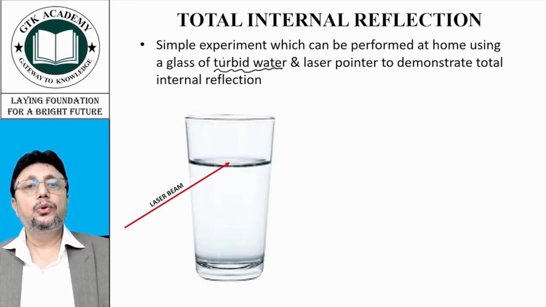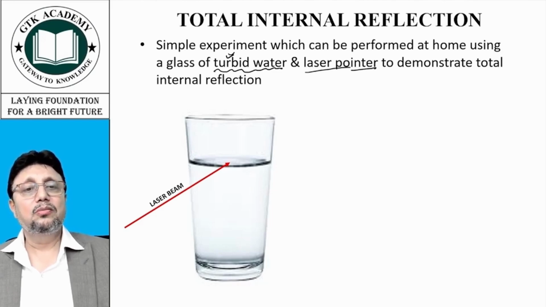And why do you use turbid water? Because laser beam is clearly visible. If you use very clear water, it won't be clearly visible. That is why we are using turbid water. And we can produce this laser beam by a laser pointer, which is available at home.